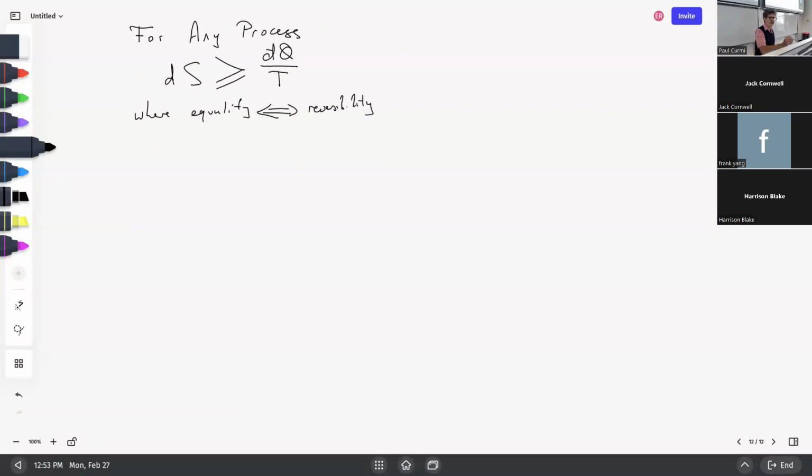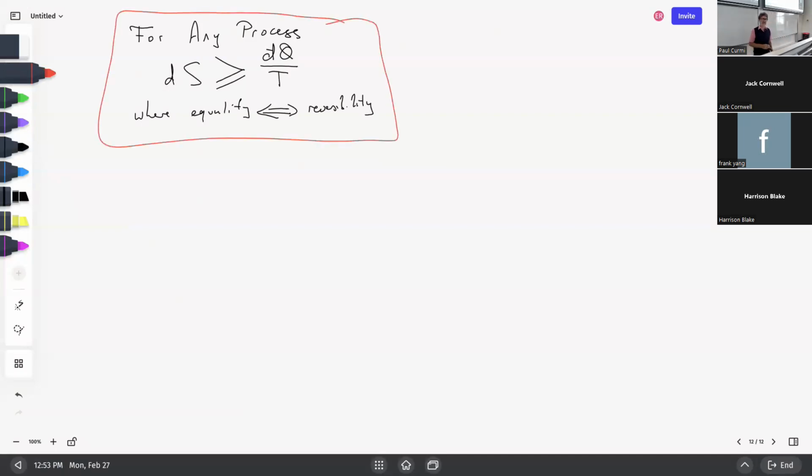Okay, so I can lift my constraint that it has to be reversible and just say that entropy, the exact differential, must be bigger than d bar q on T. And it's only equal to it when the process is reversible. Okay? So d bar q on T is not entropy. Entropy is something larger than that, except when it's reversible. Then they're the same.